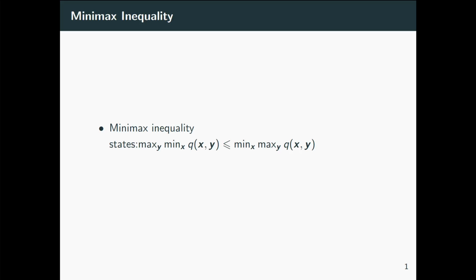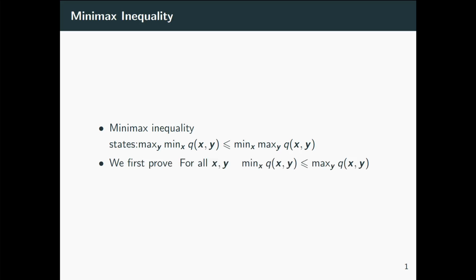I'm going to call this inequality the minimax inequality, which states that for a function q which consists of two variables x and y, for all values of x and y, this inequality holds. The inequality says that if you first do a min over one variable and then a max over the other variable, that would be less than or equal to if you maximize over one variable and then minimize over the resultant function.